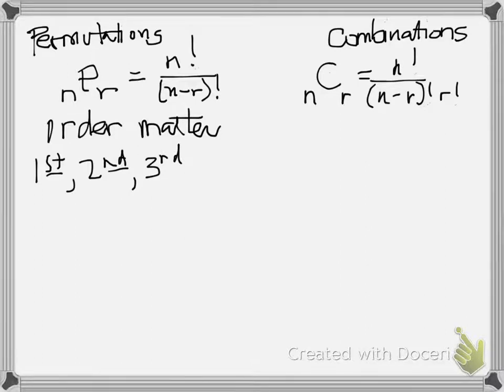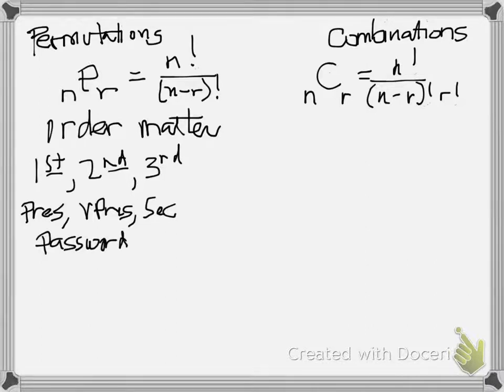Or let's say that we were going to elect some officers in this class, and we had a president, a vice president, and a secretary. The order matters. Or if you were dealing with a password, the order matters. The first letter has to come first.